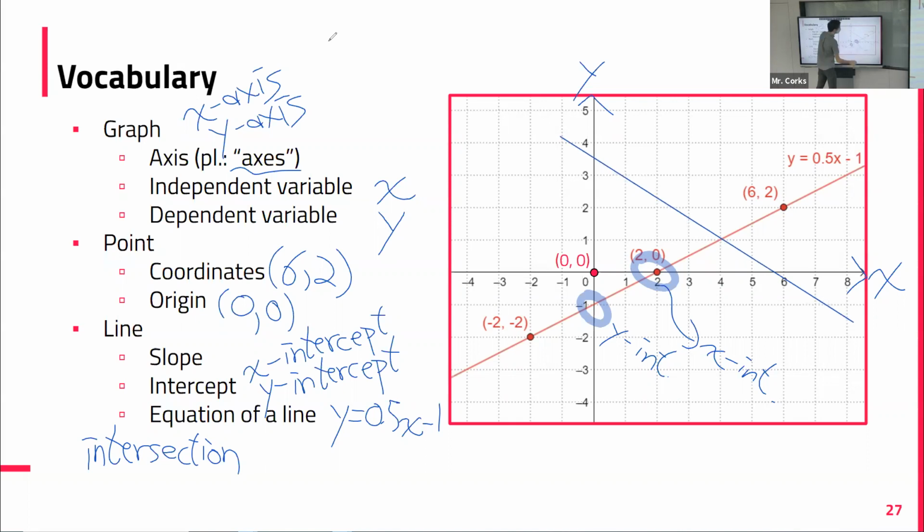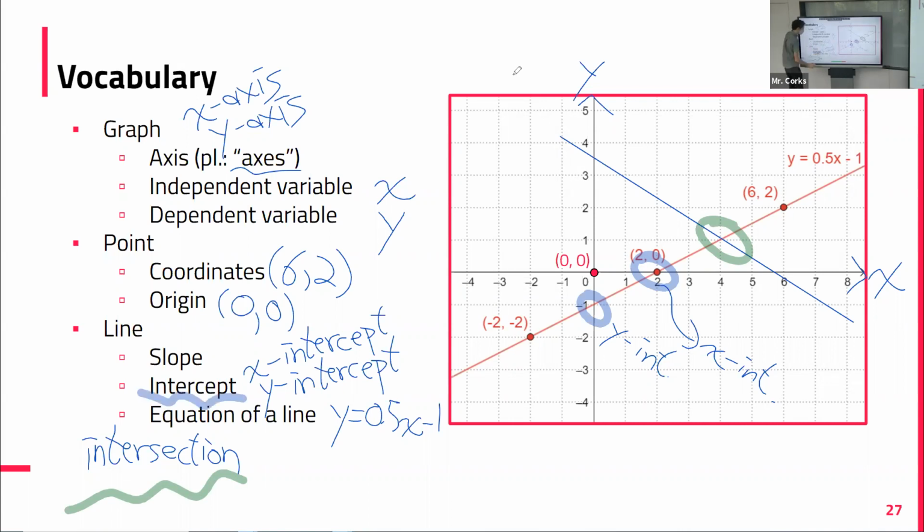So intersection is this, where, sorry, I should do a different color. Is this where two regular lines are crossing each other? That is an intersection, but intercept is specifically the special case where a line is crossing one of the axes.